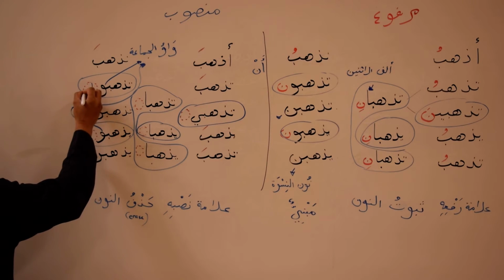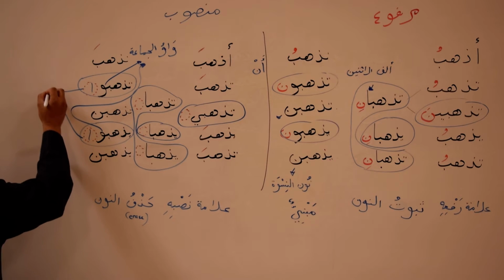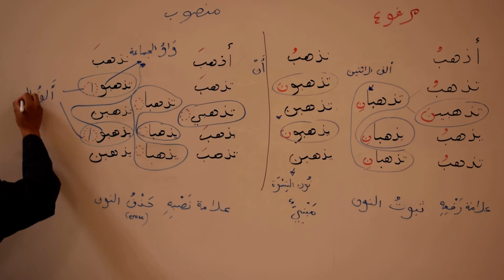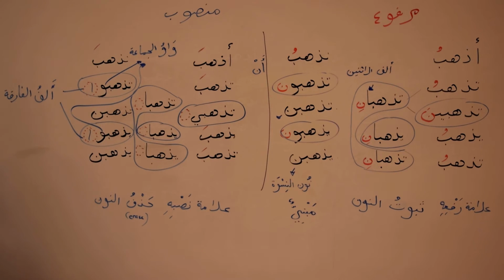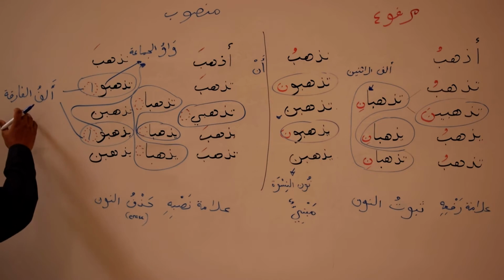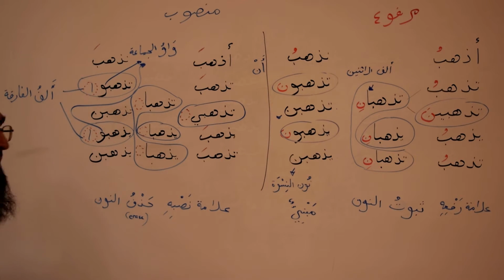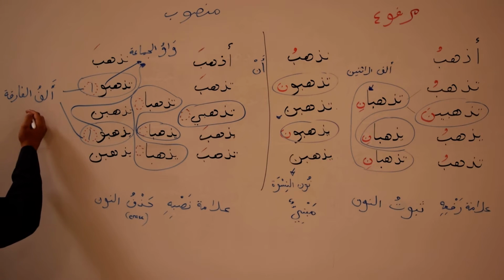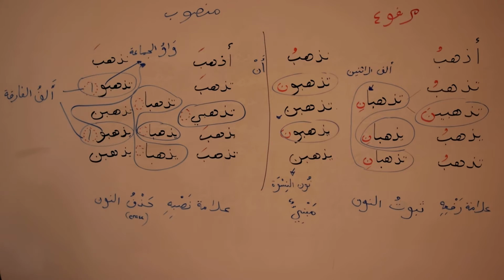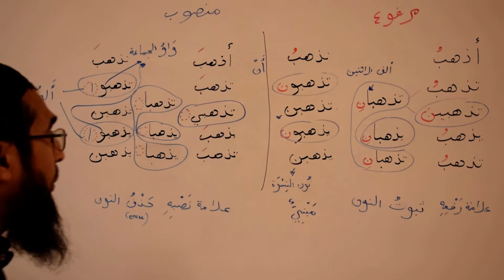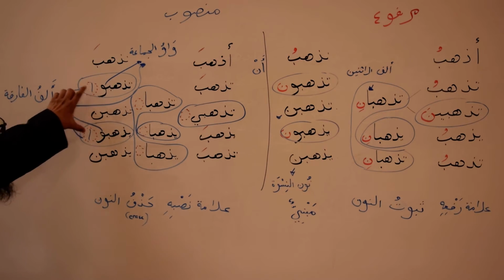This alif is called aliful fariqa. Alif fariqa. Okay, aliful fariqa. The alif of fariqa, which means to differentiate. The differentiating alif. Aliful fariqati. Now, question is, when is the alif written?